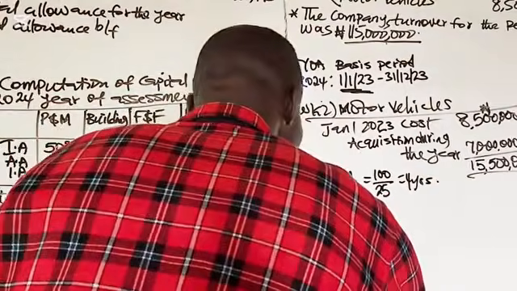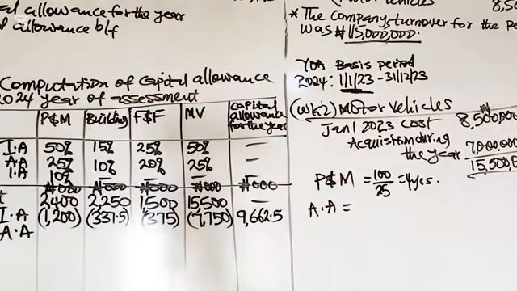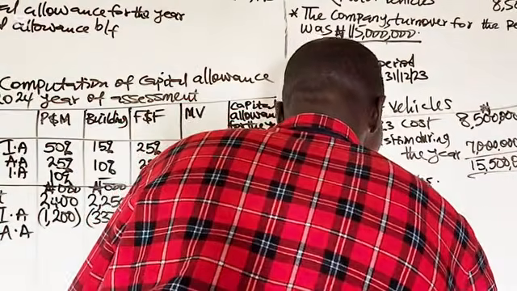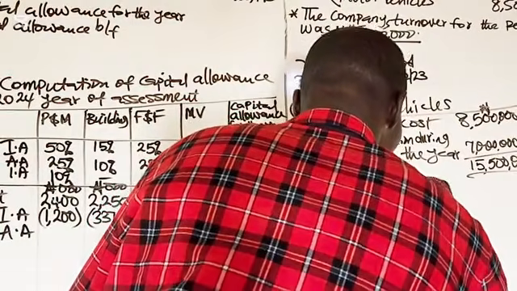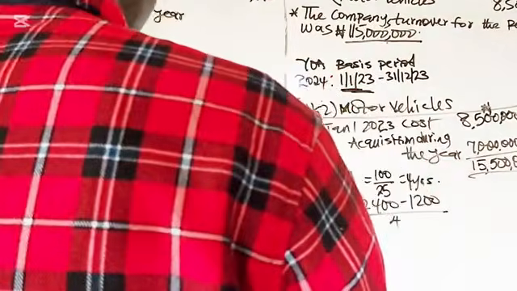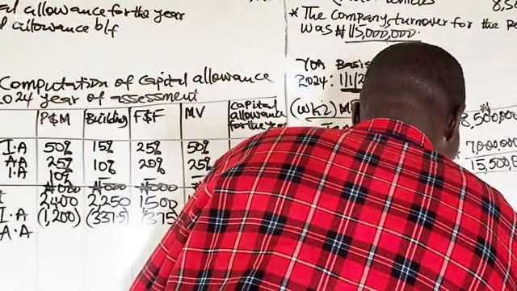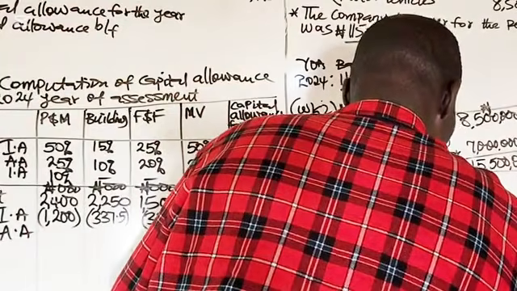So annual allowance on plant and machinery will be the cost of 2.4 million minus initial allowance of 1.2 million, divided by 4 years. That gives us 300,000. That is the annual allowance on plant and machinery.